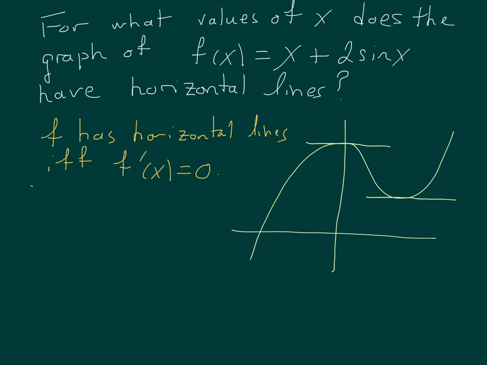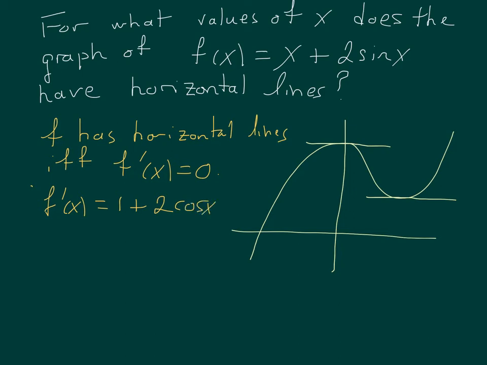Well, in this case, what is f prime of x? f prime of x is equal to, well, what's our function? It's x plus 2 sine x. So differentiating that, we're going to get 1 plus 2 times the cos of x. So let's write that down. So we've got 1 plus 2 times cosine x.